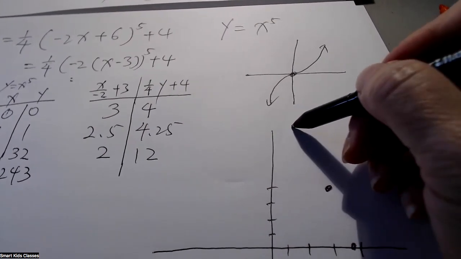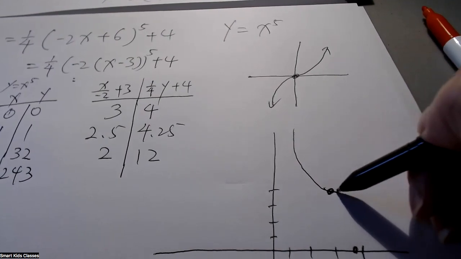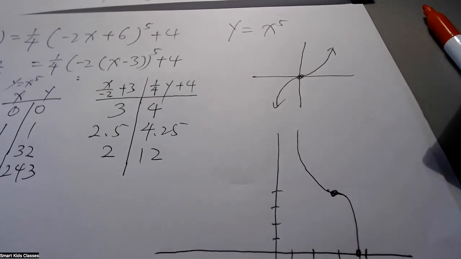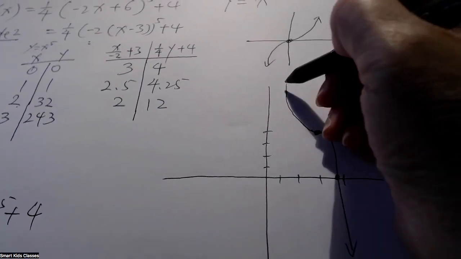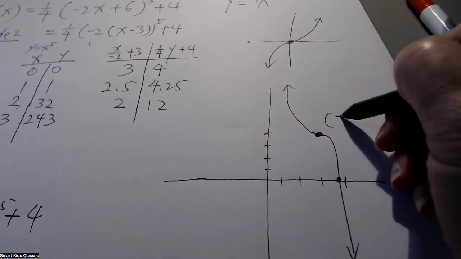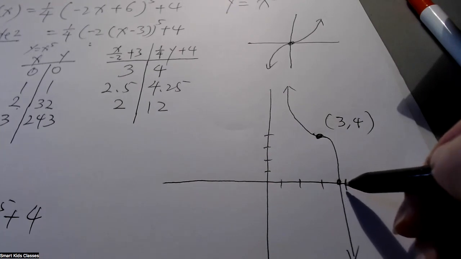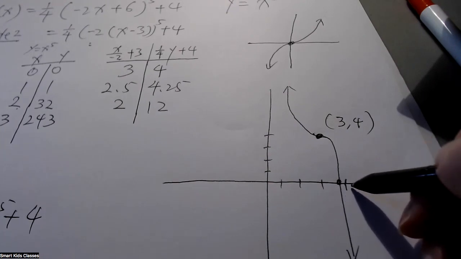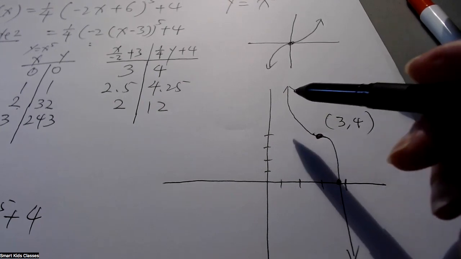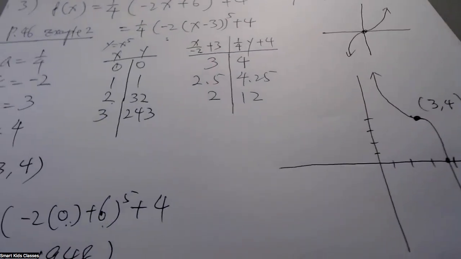Now you plot it. So it will be vertex C here and going down to here. So the vertex C is (3, 4), the x-intercept is close to 4, and then the y-intercept is 1,000. It will be up there.